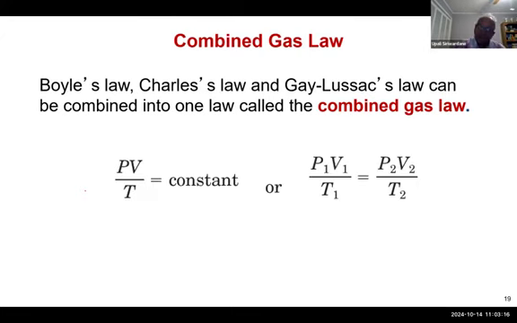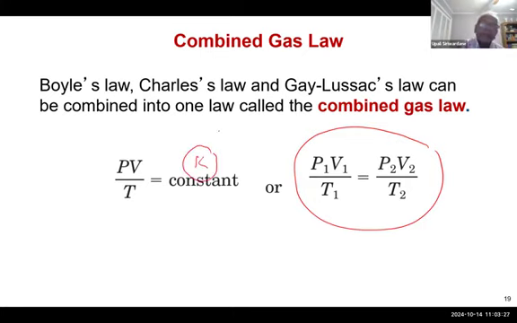Boyle's law and Charles' law are combined. Therefore, this is a constant. After Avogadro's law, we came up with the constant equal to n, and came up with the equation PV equals nRT.